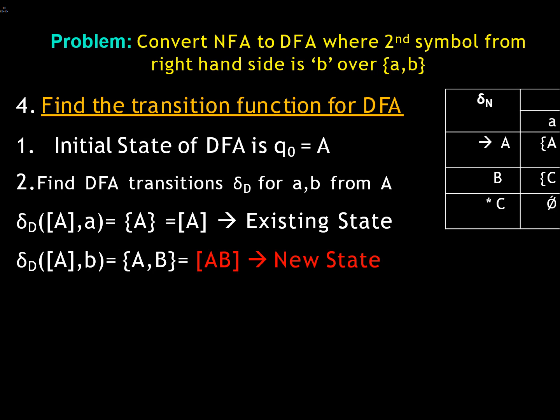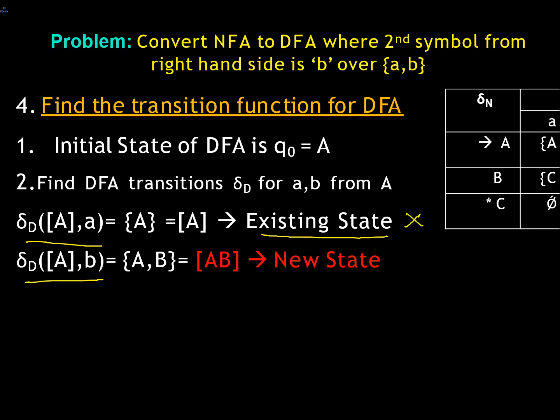So we are just going to start for your DFA. Again, the starting state of your NFA is going to be A, and the same thing applies for your DFA. Just take A as your starting state in DFA. We'll be starting with your initial state. Apply the transition on inputs A and B. On A it goes to A, so it is existing, I need not worry about this.